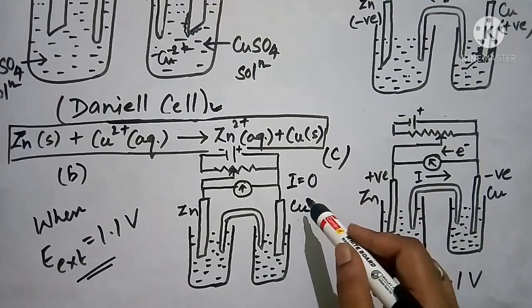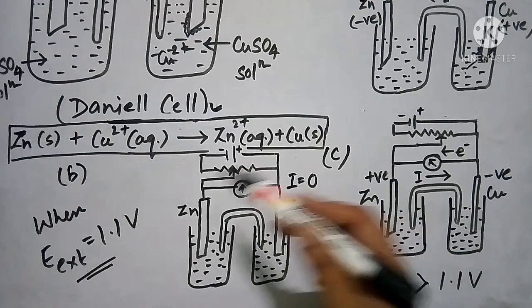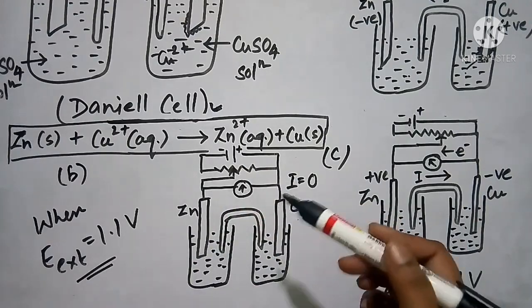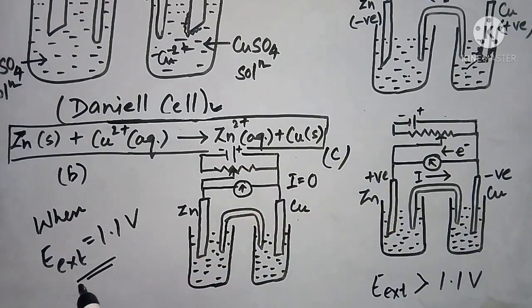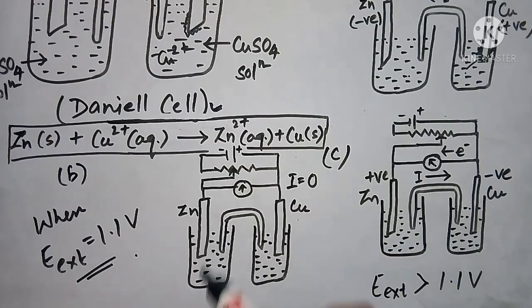That means the current flow is also equal to 0. There is no current flow in this situation where the opposite external potential is equal to 1.1 volt, the cell potential of this particular cell.